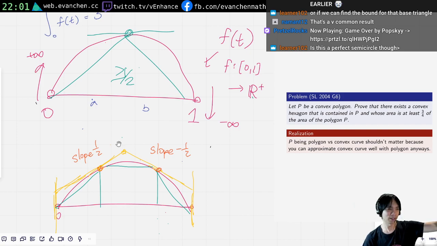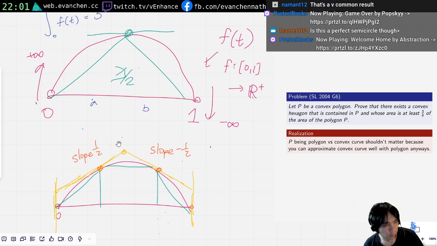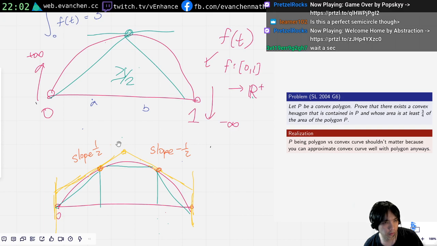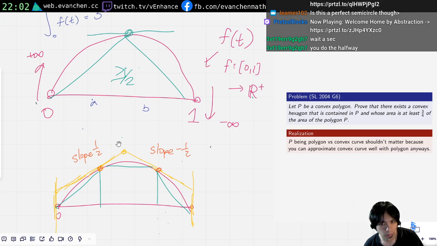Somehow when I took the slope to be 0, it was amazing, and just sort of did exactly what I needed it to do. And I'm trying to see why that won't work here. I feel like this won't work because I can trick it into picking a bad point.